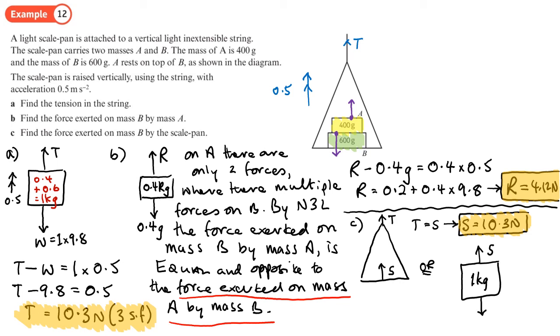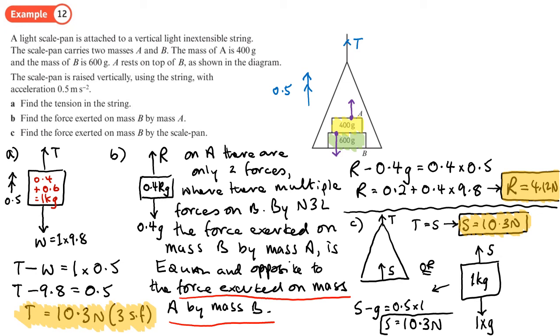Well, I've got the total weight, which is 1g. So we could say that S minus G equals MA. So that'll be 0.5 times 1. So S is going to be 0.5 plus 9.8, and we still get 10.3.